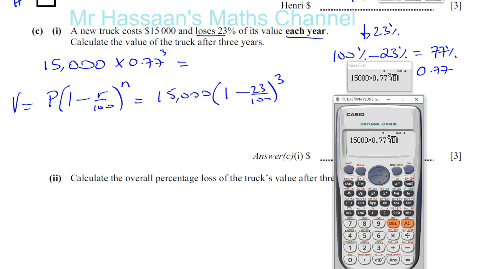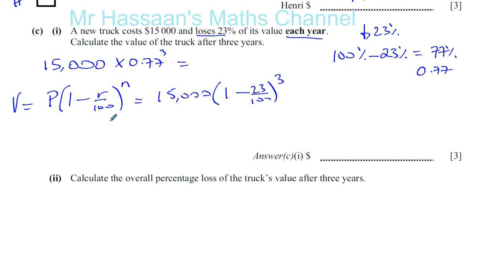Second. To the power of 3. Shift. There we are. Okay, so that gives us 6,847.995. Okay. Now, that should be rounded.